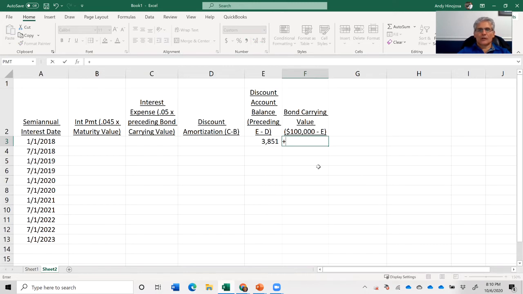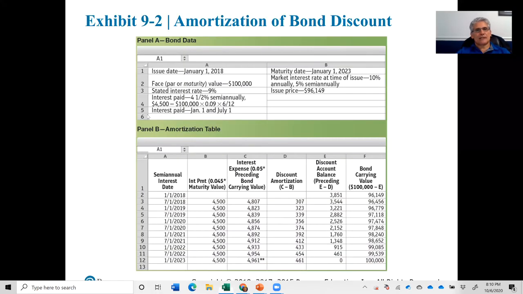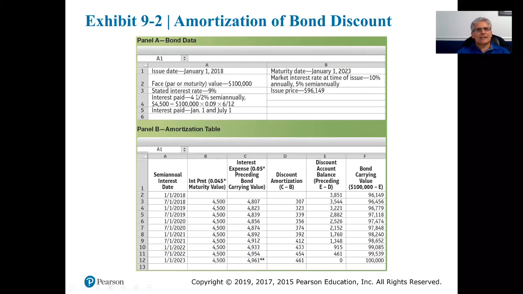So 100,000 minus the discount. Moving on to the very first payment, we compute what the payment is going to be. The column here says take 0.045 and multiply it by the maturity value. The reason we come up with 0.045 is because the stated interest rate is 9%, but the payments are made semi-annually, so we divide that by 2.